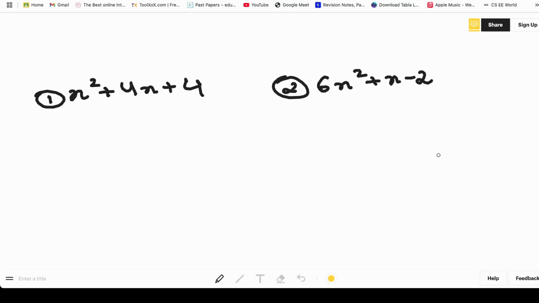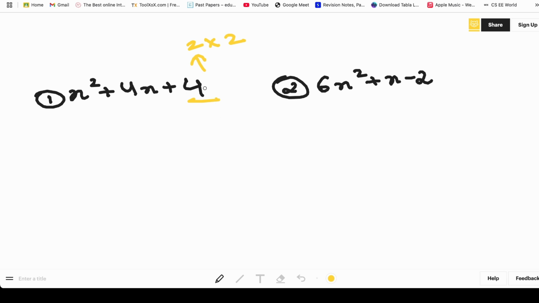Just taking a quick break before we continue, let's solve a few more examples of factorization. This process is also called middle term splitting because essentially we need to split the middle term into factors. Let's solve the first one. The last term is 4, so we need to find the factors of the last term, which is 2 into 2.